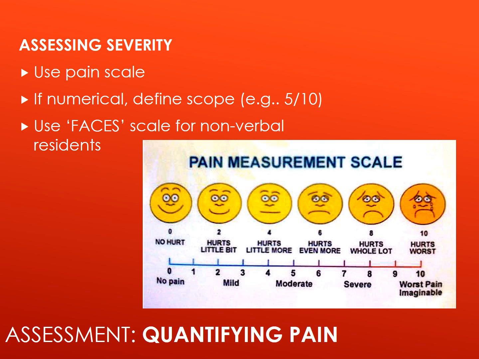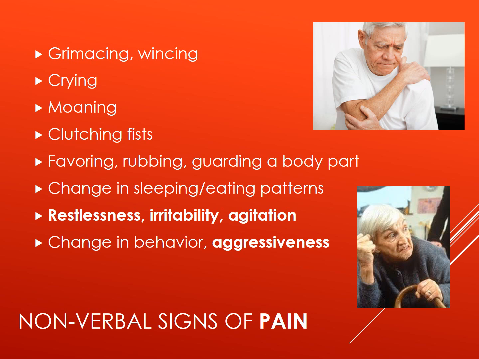If the person is nonverbal, you can use the FACES scale by matching the person's facial expression to the corresponding face on the scale. There have been nursing notes that say, "Resident continues to be restless and agitated. No signs or symptoms of pain." This only reflects that the nurses are missing nonverbal cues, as restlessness and agitation are signs of pain.